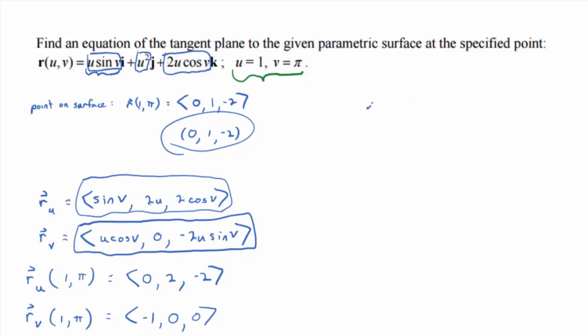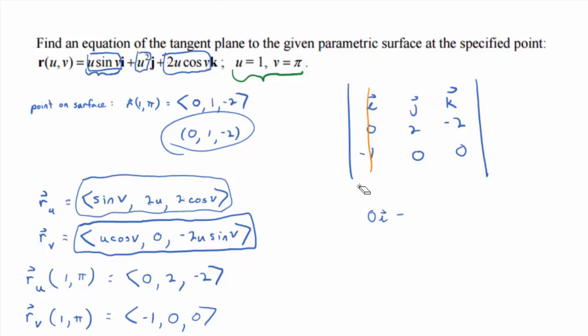So this is a true cross product, i, j, k. Let's see, 0, 2, -2, -1, 0, 0. As opposed to the fake cross product represented by the curl, right? Okay, so cross it out. What do we get for our first component? 0i minus, what do we get for our second component?